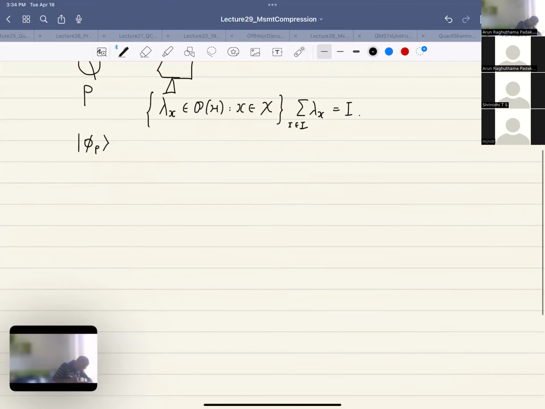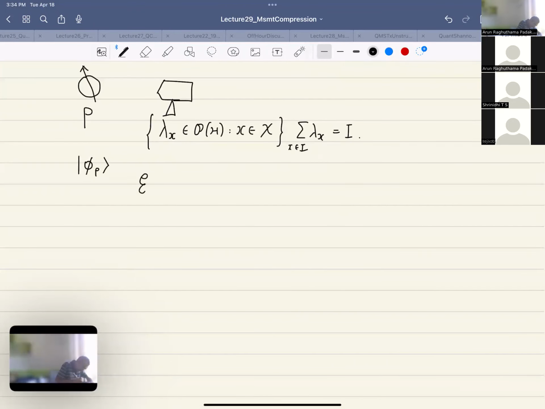Okay. So E lambda, I don't know whether I mentioned this, this is a map. This is a CPTP map that takes you from L of H. I might interchangeably use H and HA, that's the particle space.